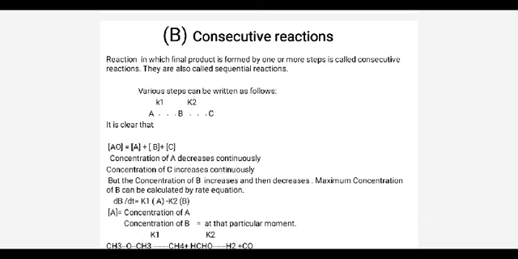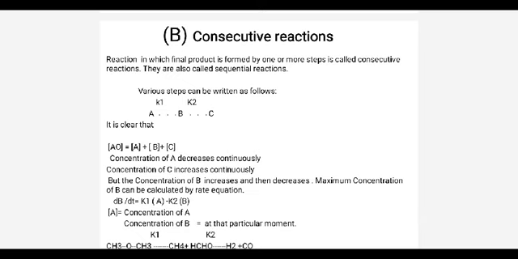It is clear. A0, the initial concentration of reactant A, is equal to concentration of A plus concentration of B plus concentration of C. So concentration of A decreases continuously. Concentration of C increases continuously, but concentration of B increases and then decreases.